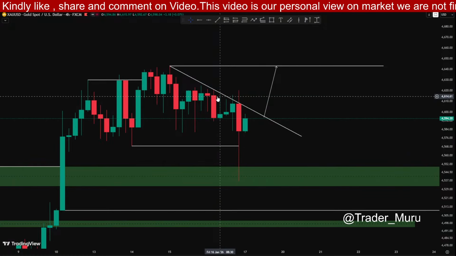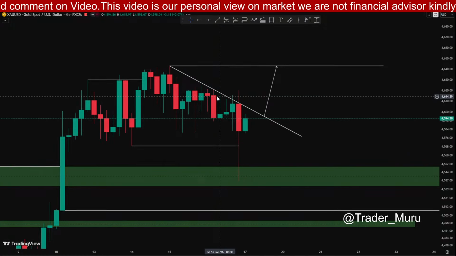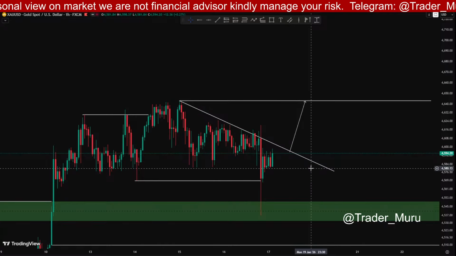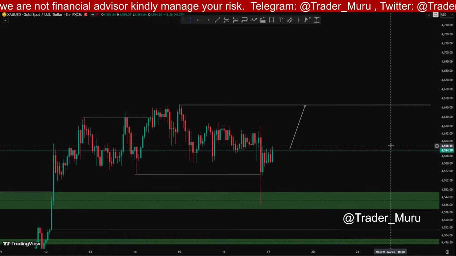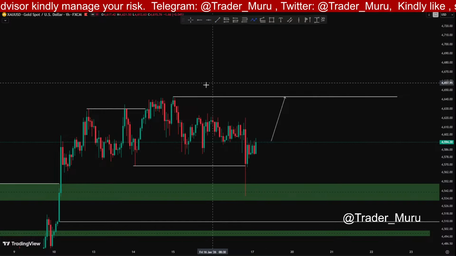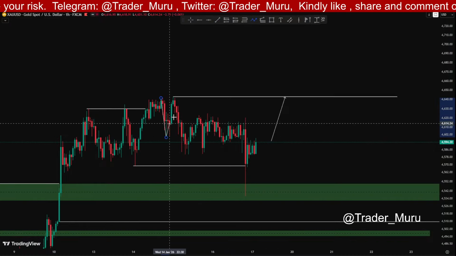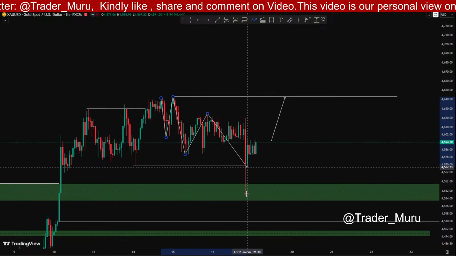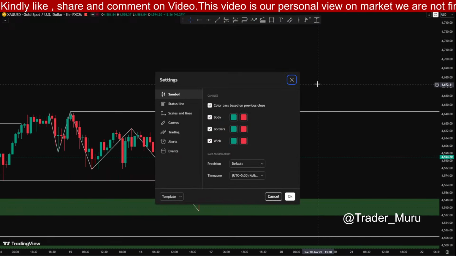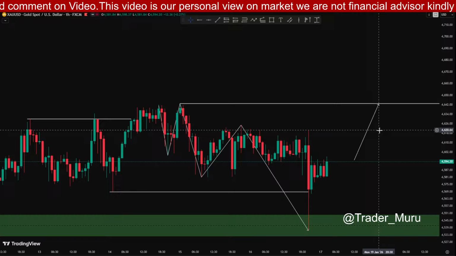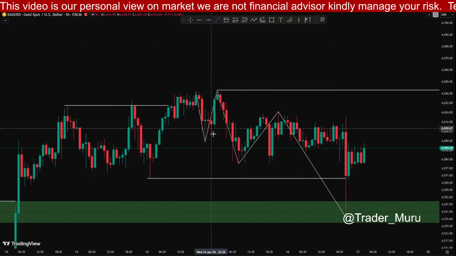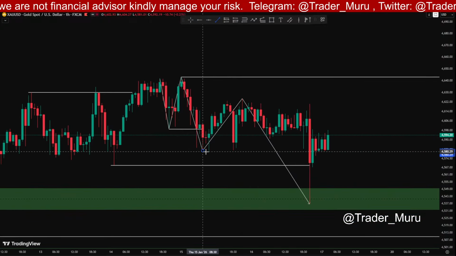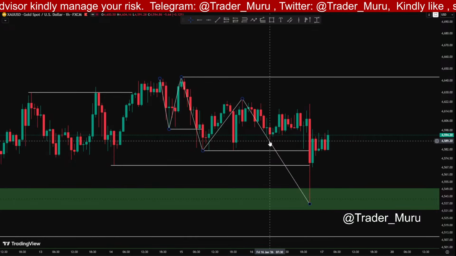Now let's see the 1 hour time frame. 4 hour is still bullish. According to the 1 hour time frame, we have 5 waves in the anti-trend direction. This is our wave 1, 2, this is our 3, 4 and 5. So 1 hour is bearish. We already have this market structure shift, then yesterday we had this breakout structure.